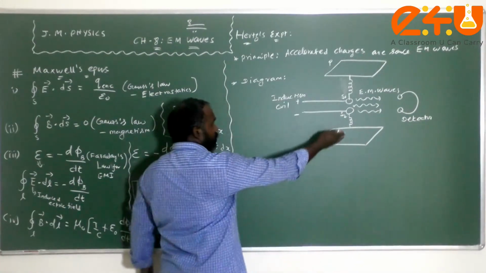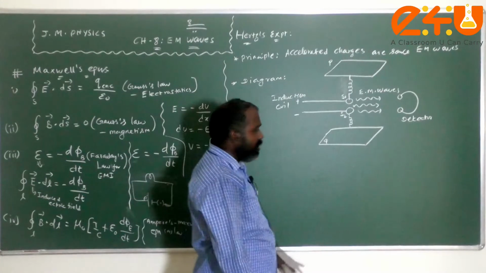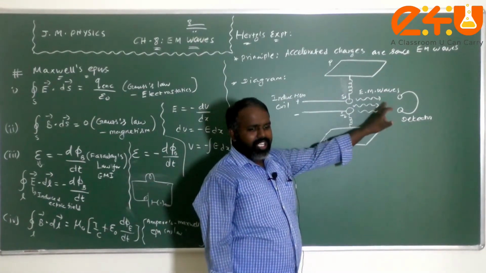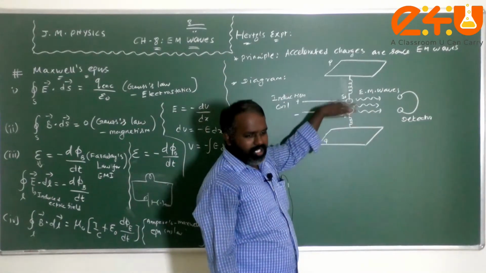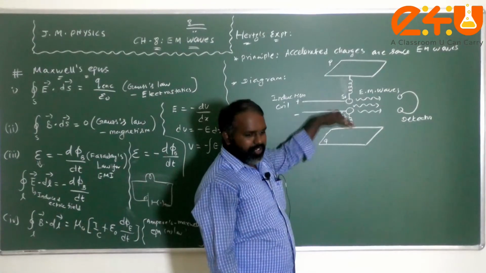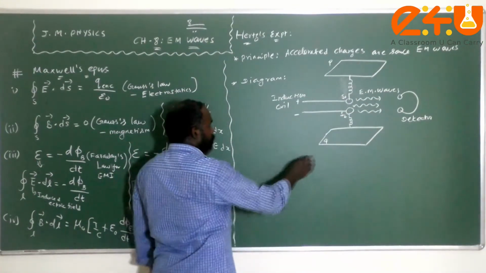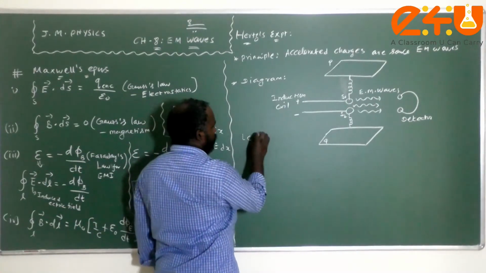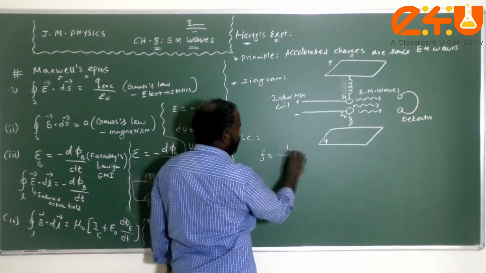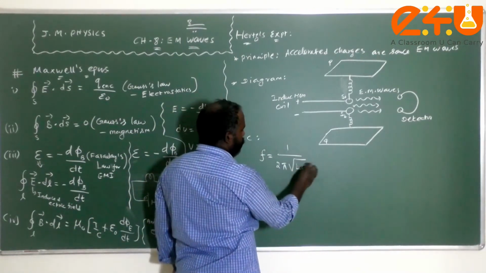So the frequency of the oscillation is nothing but the frequency of the emitted wave, because the frequency of the oscillation is the same as the frequency of the electromagnetic waves. How fast the ionized charges can oscillate, that frequency is the same as the electromagnetic wave frequency. Therefore, for an LC system, the frequency of the LC oscillation is given by 1 by 2 pi root over what, children?